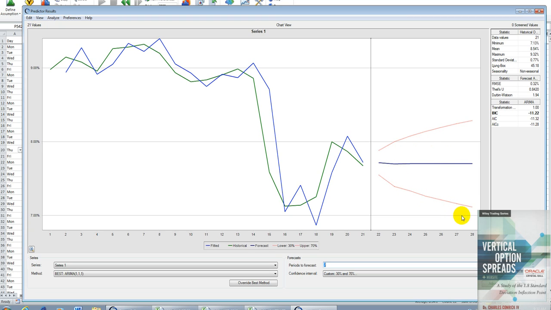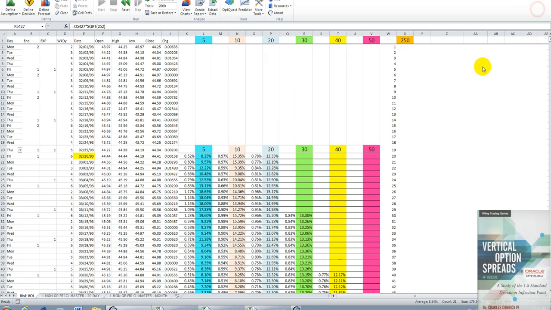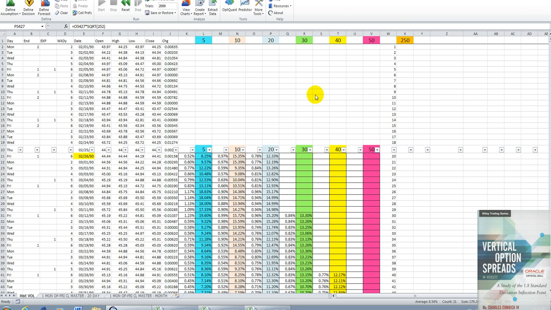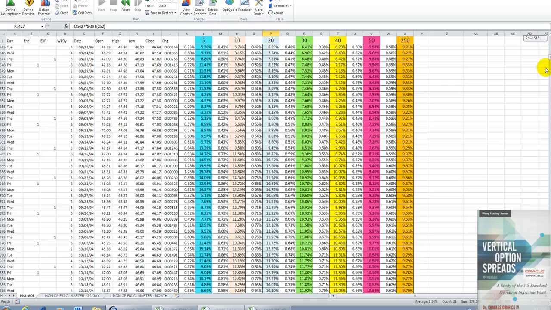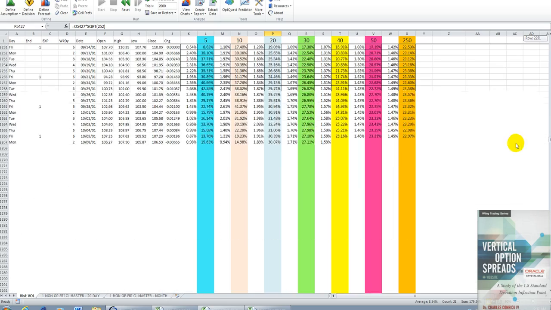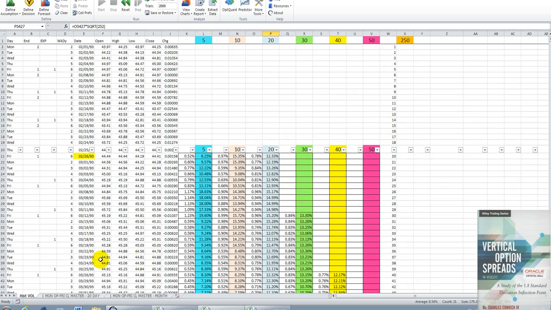So on a time series analysis over the next 7 or 8 days, you might be very, very sensible to predict that volatility is going to be at about 8 to 8.5%. That's using, again, time series analysis. I'm not trying to overwhelm you in this session, but you have to come up with something. All right, I'm scrolling down.